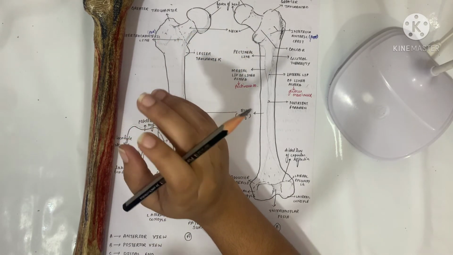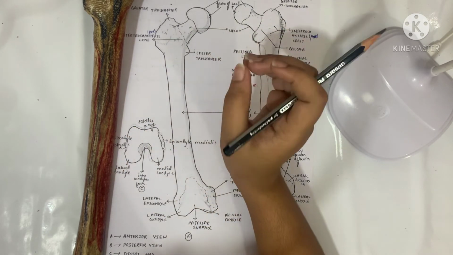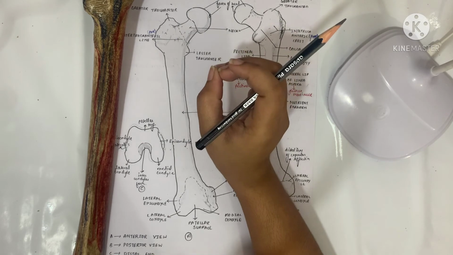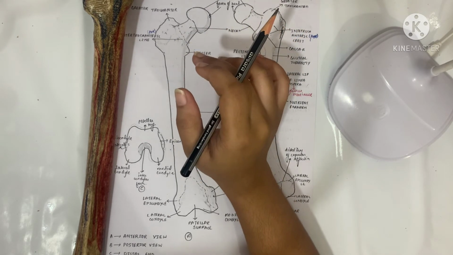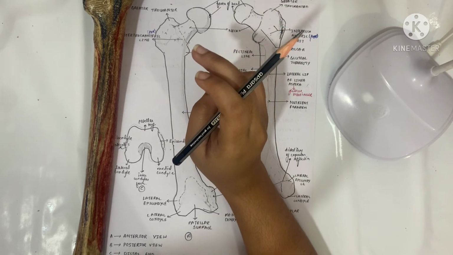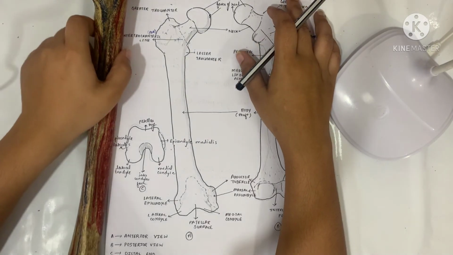Then coming to the 3 intermuscular septa, that is medial intermuscular septum, lateral intermuscular septum, and the posterior intermuscular septum. These are all 9 structures which are attached to the linea aspera. 3 insertions, 3 origins, and 3 intermuscular septums.